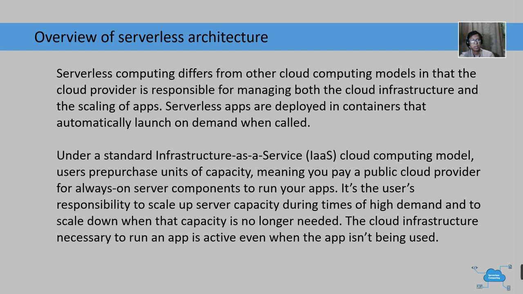When you buy, say, services from AWS, most of what you are using right now is the IaaS cloud computing model. You buy for a certain capacity or resources, and then you pay for that. It's just like with a cell phone.